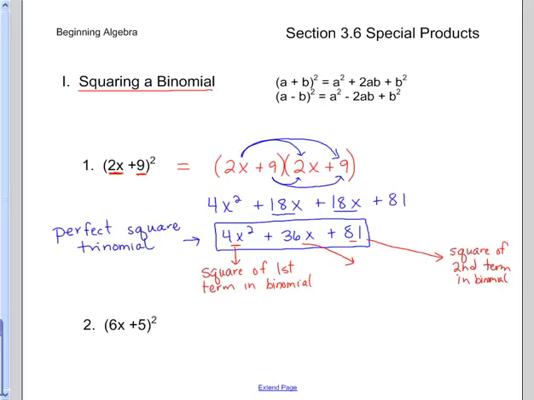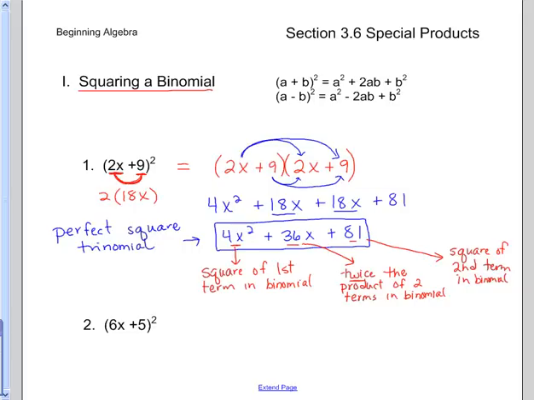The middle term is twice the product of the two terms in the binomial. Look at my two terms in the binomial, 2x and 9. What would I get if I multiplied 2x times 9? That would be 18x. Twice that means 2 times that, which gives me the 36.